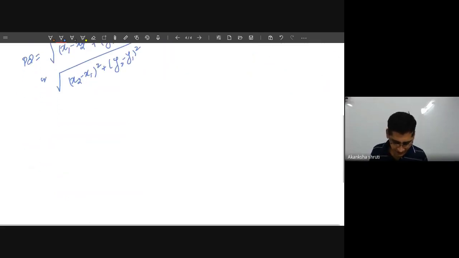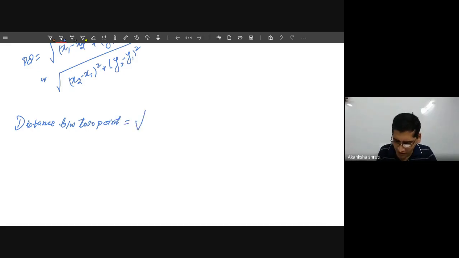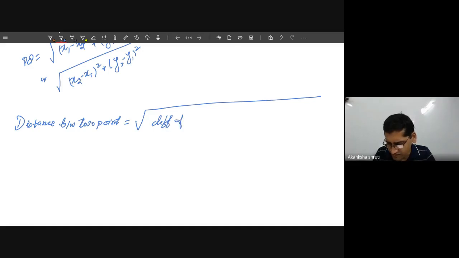So we have to keep in mind that this PQ or distance between 2 points is equal to under root of difference of x coordinate. That difference you have to make by subtraction of the x coordinates only. Means x1 with x2 or x2 with x1.